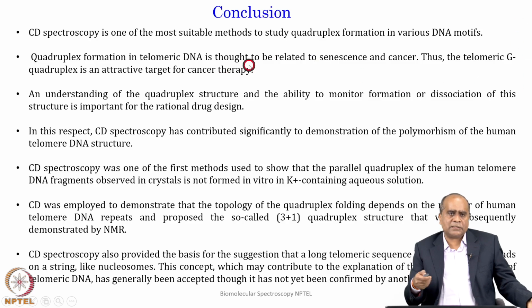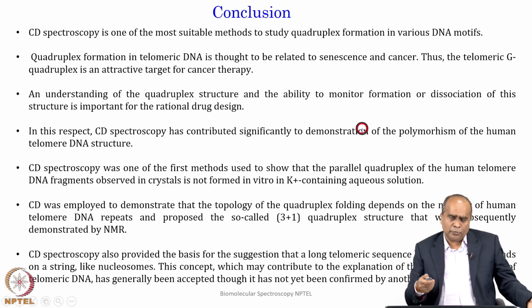So, the telomeric G-quadruplex is an attractive target for cancer therapy. People look at the presence of G-quadruplex and that can be a target, and we can synthesize this G-quadruplex and use it for ligand screening before we really go to cell experiments or even the preclinical stage.